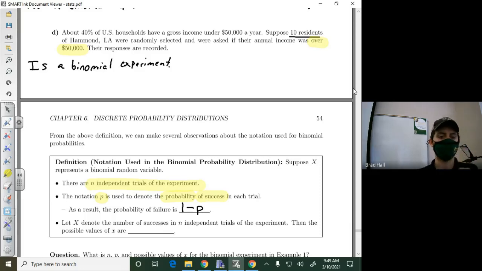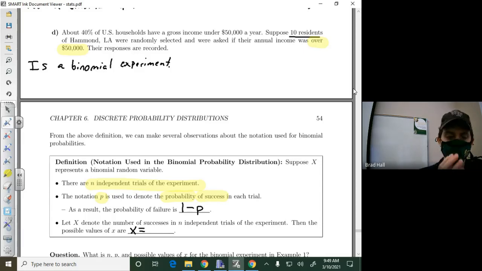And since we have this capital X to represent the random variable, what we did in the previous section is we figured out the possible values that the capital X could take on. And we looked at that as lowercase x. Now, since we're dealing with discrete values, we're going to use an equal sign, because unless the context is clear, the equal sign will tell us that we're looking at just whole numbers.